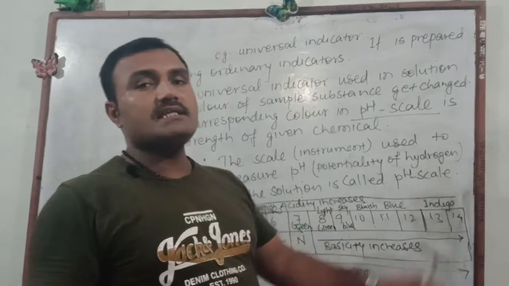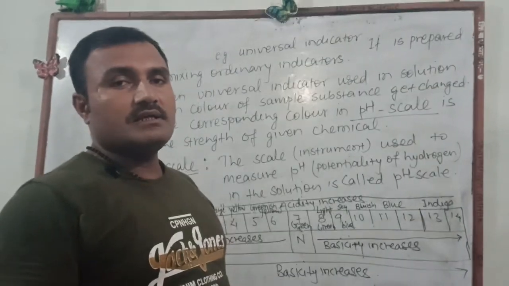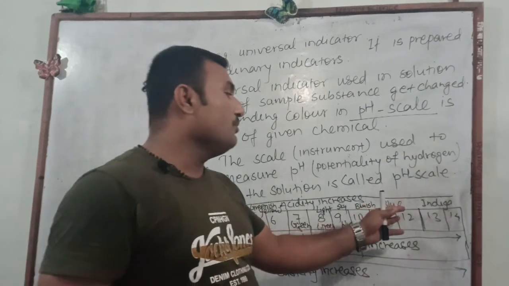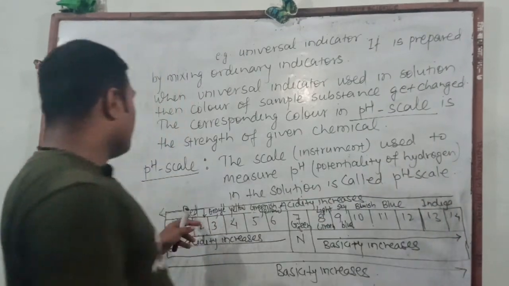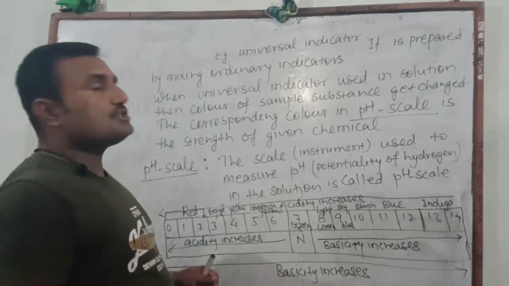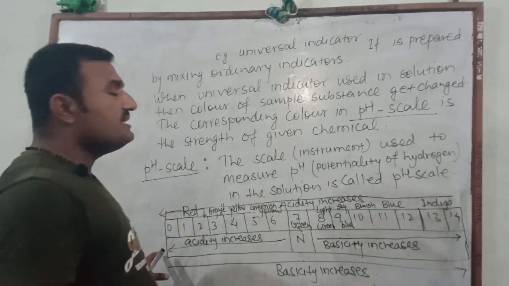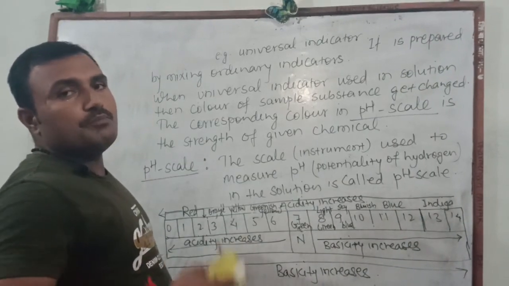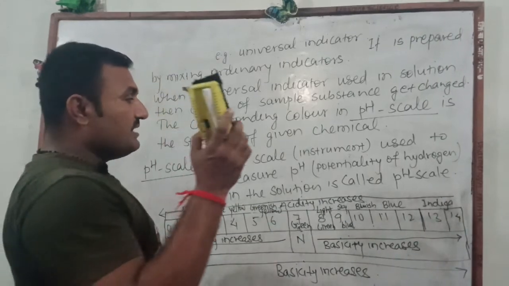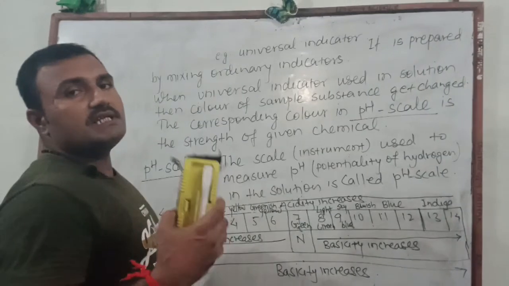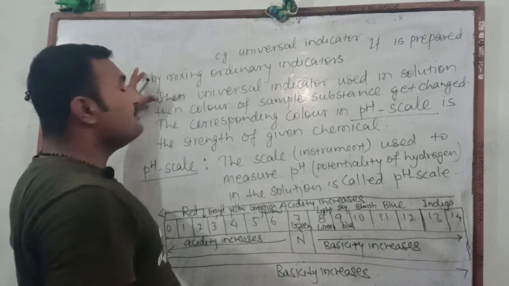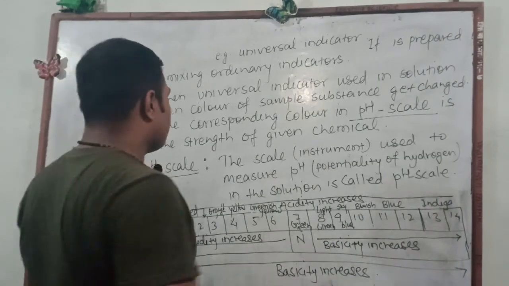But more than 10, it is a strong base and its color is blue or indigo. Red or orange is a strong acid. And in this way, the pH scale helps to measure acid base with strength by using universal indicator.